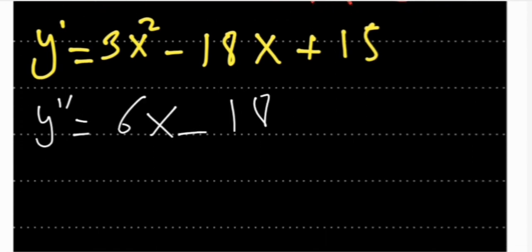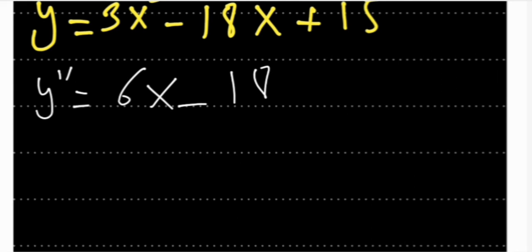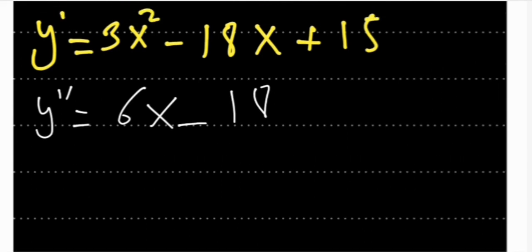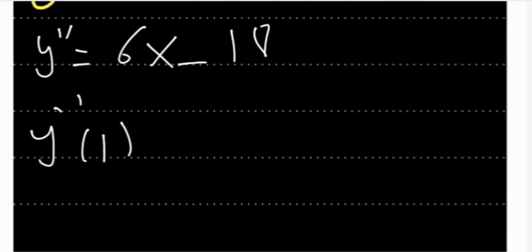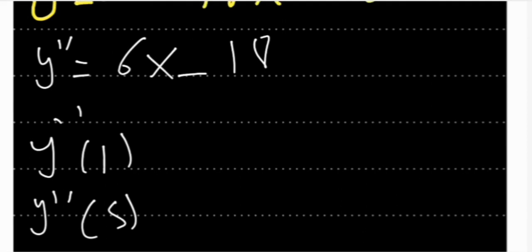So look, how can we know which one is the second derivative and first derivative? So we will test. If we put in y2 the 1, and in y2 the 5. Why? Because these were the x values of maximum and minimum, and we want to know which one of them is maximum and minimum.